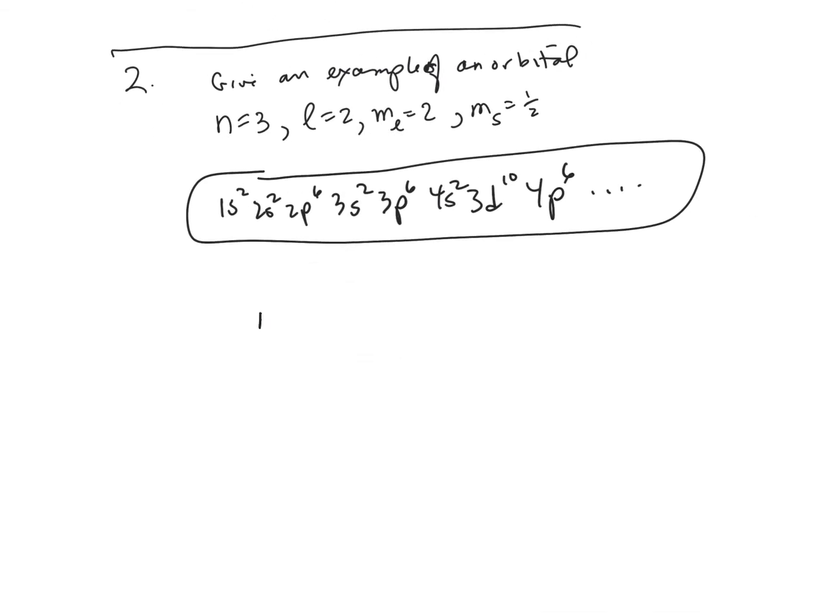So if n is 1, you can look at the examples: n equals 1, n equals 2, n equals 3. These are the main energy levels, described as the principal quantum number. These correspond to the numbers here: 1, 2, 2, 3, 3.